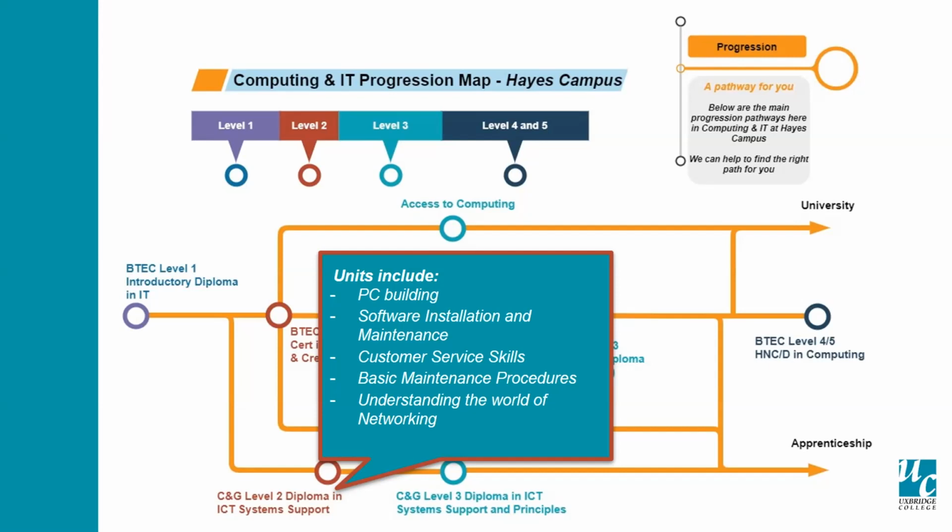So that covers practical elements like PC building, software installation and maintenance, customer service skills. That's very important, because we're not just looking at the students developing technical skills, we're also looking at how they can develop their customer service skills and interact with customers and work effectively in the workplace. And also basic maintenance procedures and understanding the world of networking.